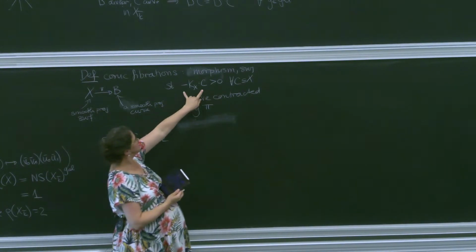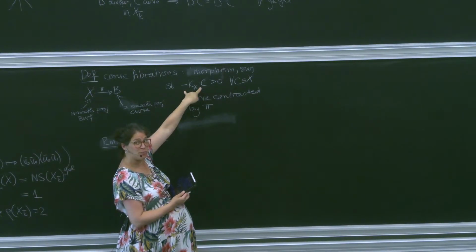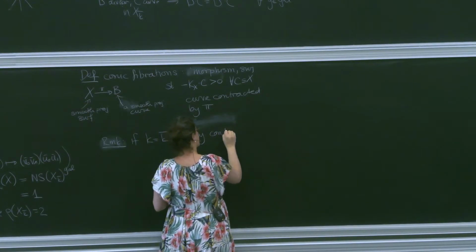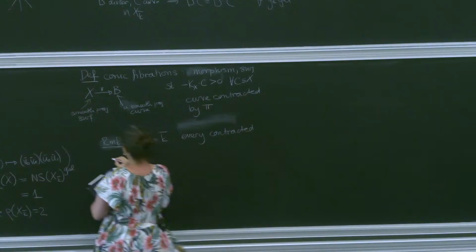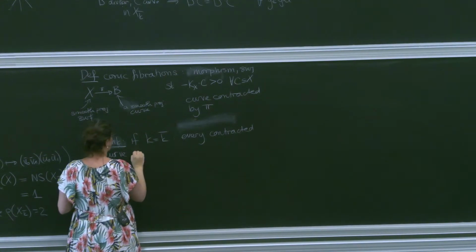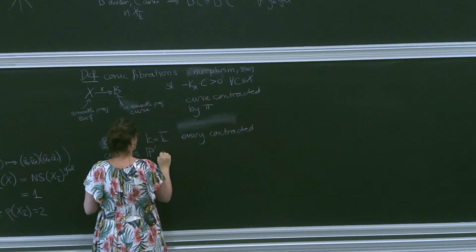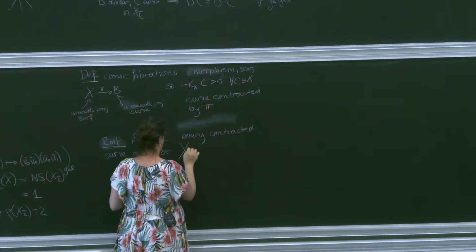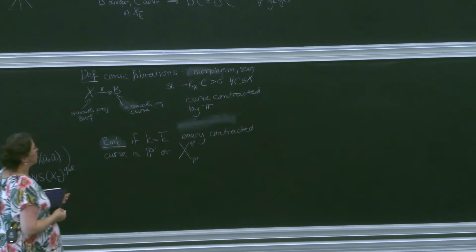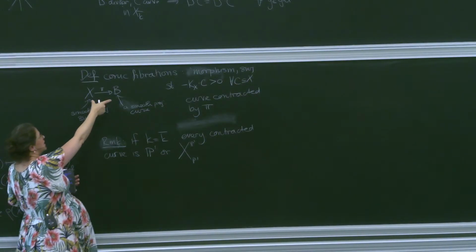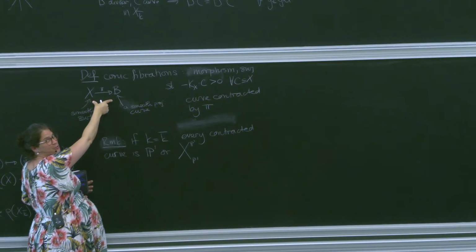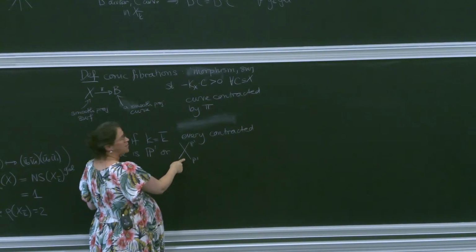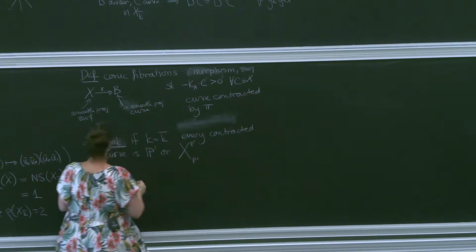Then this condition tells you that every contracted curve is a P1, or two P1s that intersect this way. So in particular, what we have here is in general a conic bundle, and some fibers are degenerate conics.